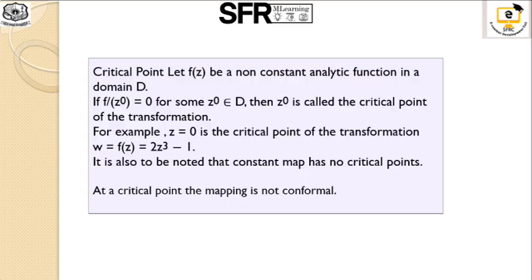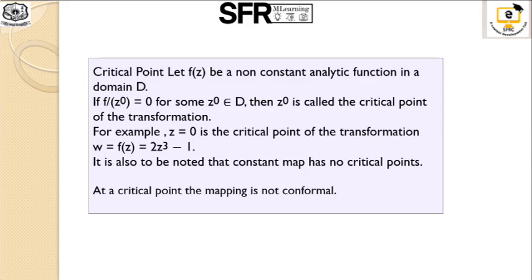Then the conformal mapping has a critical point. What is a critical point? Suppose the function w equal to f of z is a non-constant analytic function in the region D, but at some point z naught, f dash of z naught becomes 0. Then this z naught is called the critical point of the given transformation.